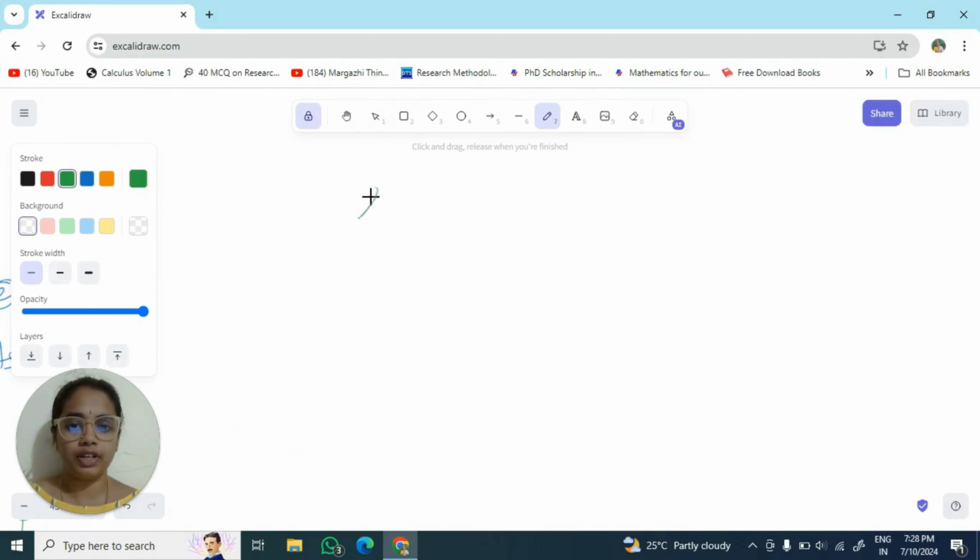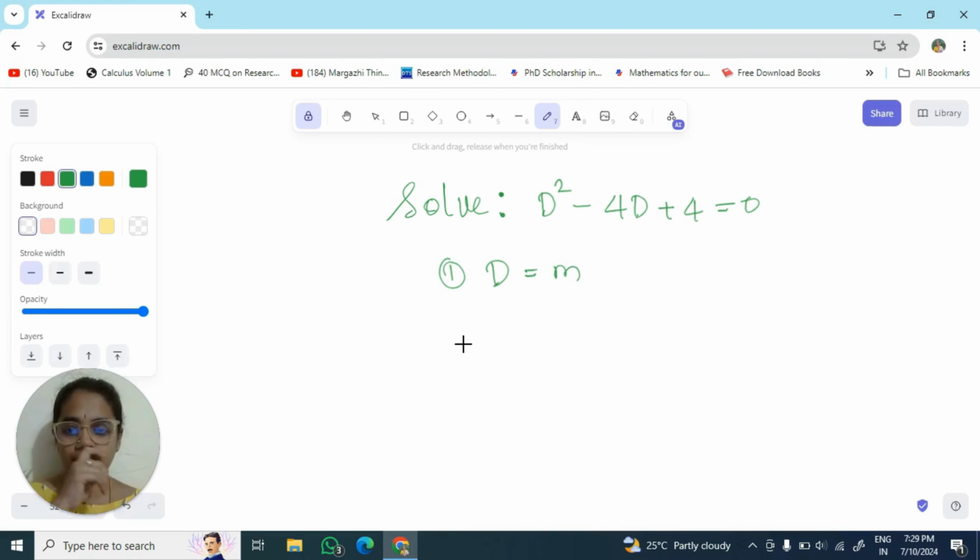Say for example they've asked you to solve d square minus 4d plus 4 is equal to 0. What was the first step? The first step says replace d as m. When you replace d as m, we would be getting the auxiliary equation, right? The auxiliary equation is m square minus 4m plus 4 is equal to 0.